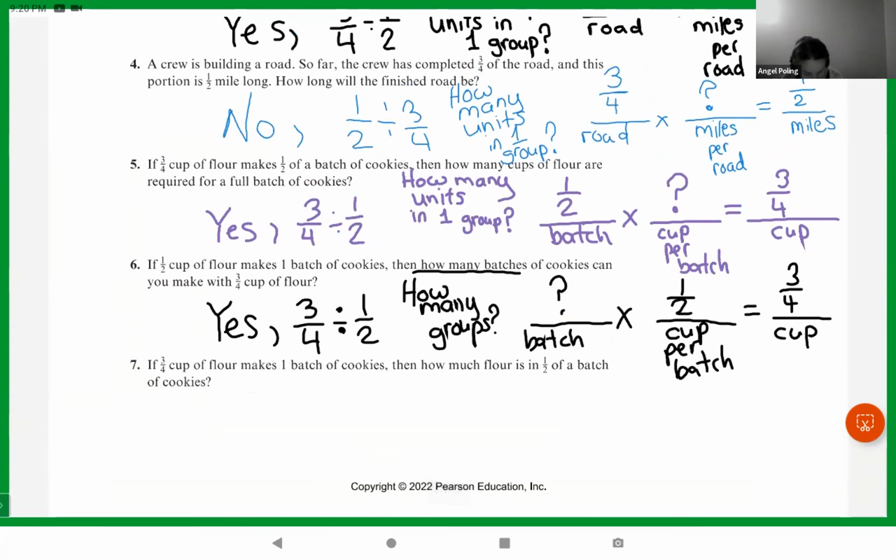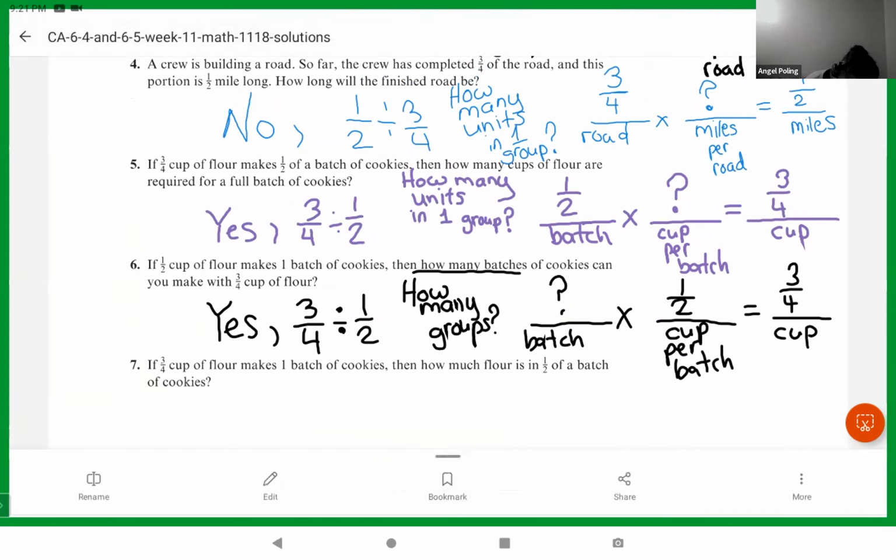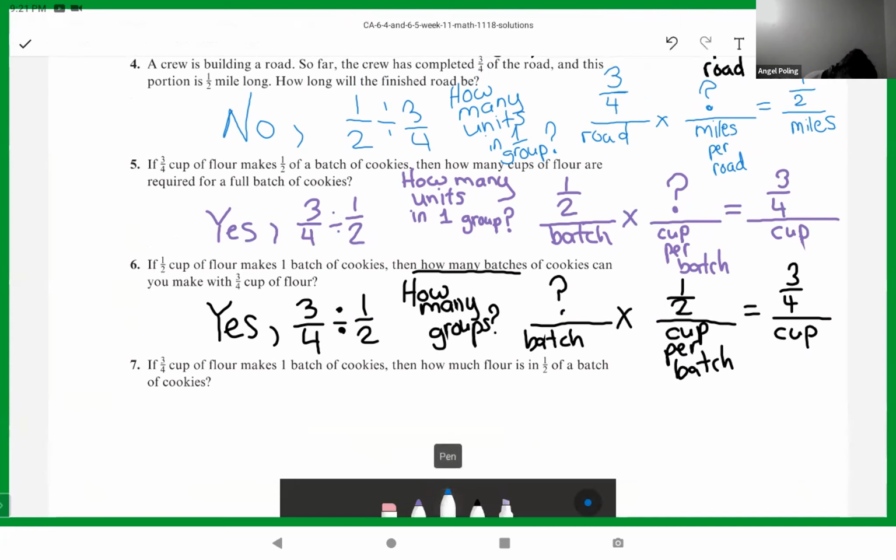All right, if 3/4 cup of flour makes 1 batch of cookies, then how much flour is in 1/2 of a batch of cookies? So for this one, we've got 3/4 of a cup per batch.